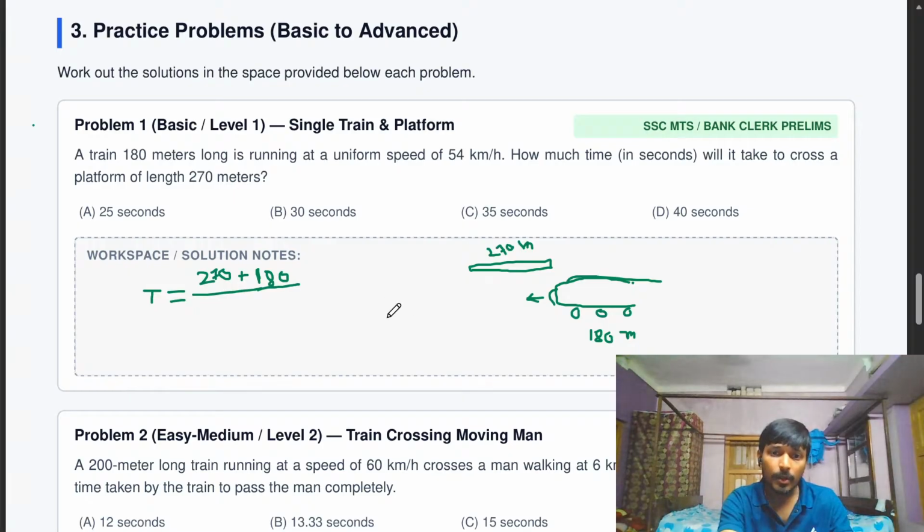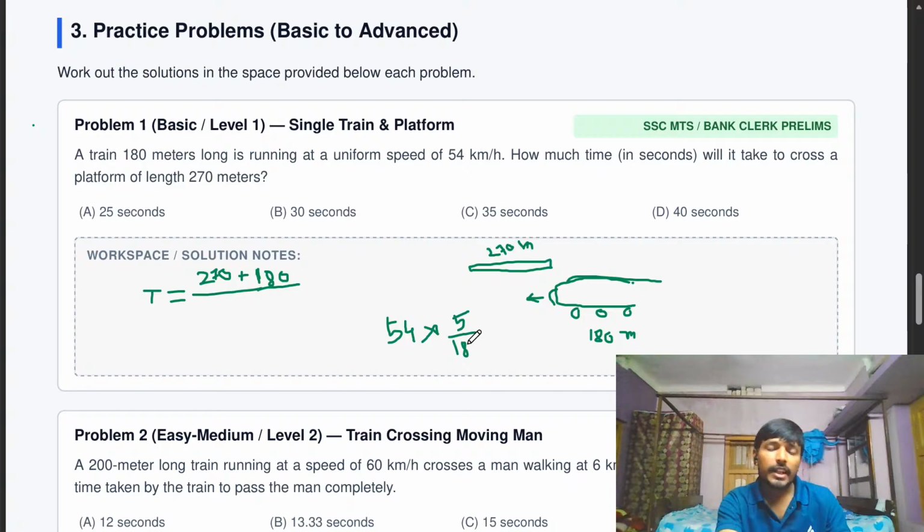To convert kilometers per hour to meters per second, we multiply by 5 divided by 18.